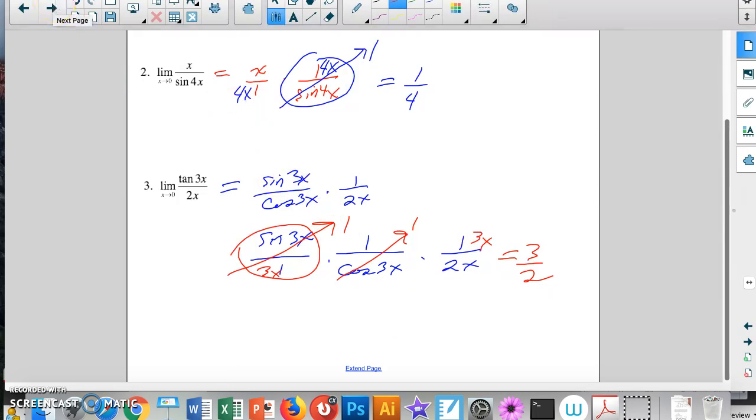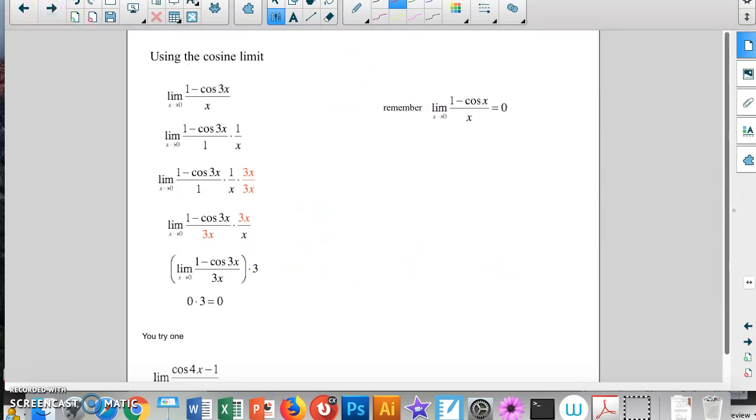Now, they can get a little trickier. And I have an example here of the next set where you have to do a little bit more manipulation, because the 1 minus cosine is a little bit trickier. So if you look at this one here, you've got 1 minus cosine 3x over x. So what I did is I split it up like the one before. Split it up. Value hasn't changed. I need it to be x over x, or 3x over 3x. Whatever's here should be the same that's in the denominator.